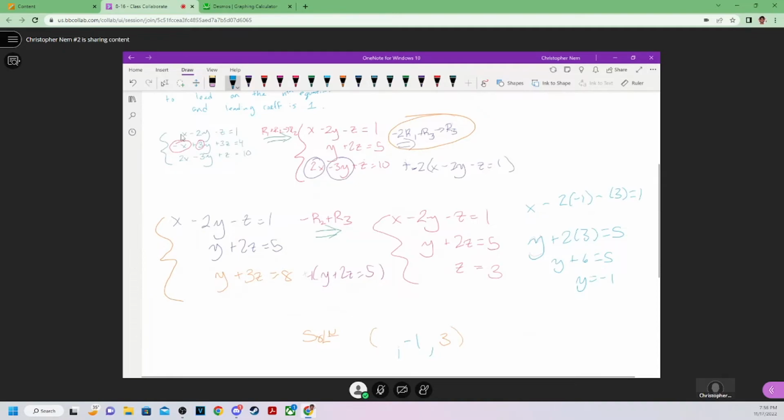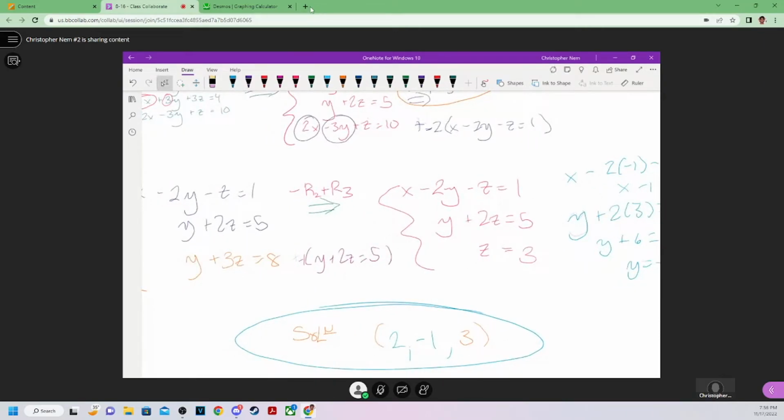Then if I calculate this out, this is x plus 2 minus 3 minus 1 equals 1. So x is equal to 2. This is our solution right here: 2 comma negative 1 comma 3.